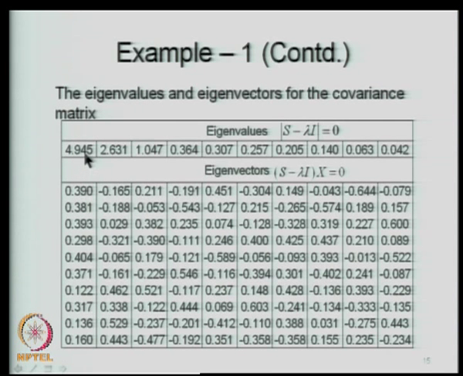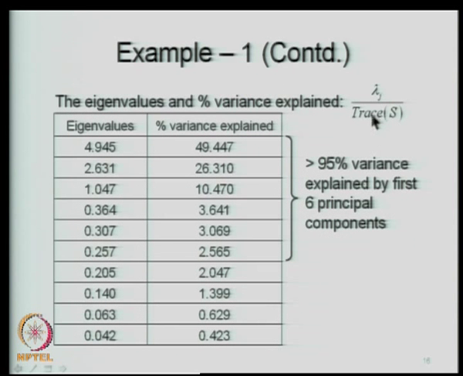Let us say this is lambda 1, lambda 2 and so on. I will get the percentage variance explained by an eigenvector by using the corresponding eigenvalue. So, I will get lambda j by trace S, where trace S is simply the summation of all the eigenvalues.